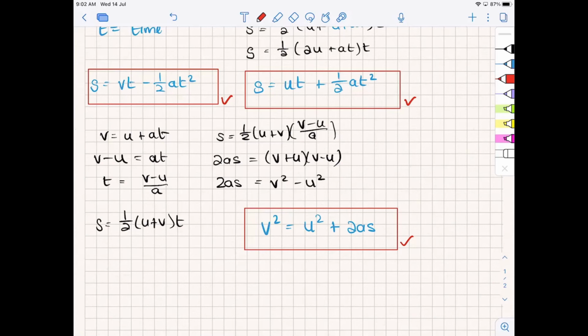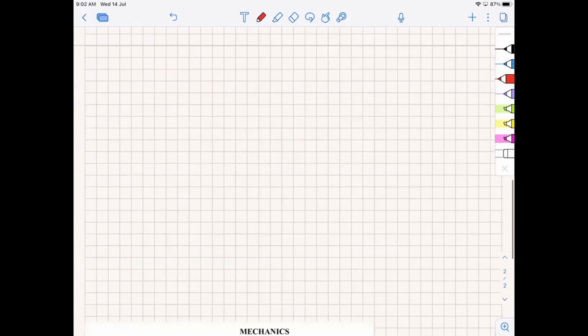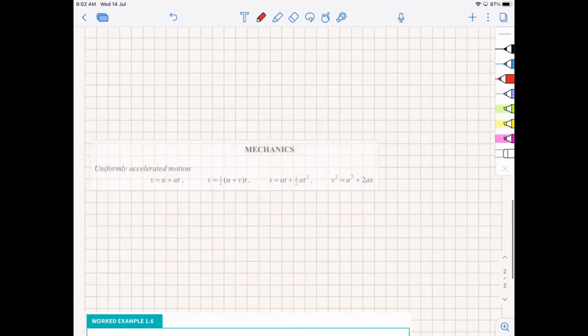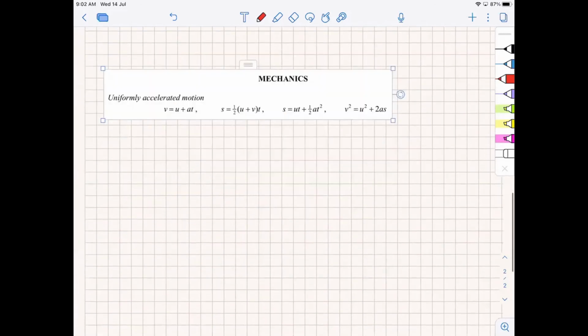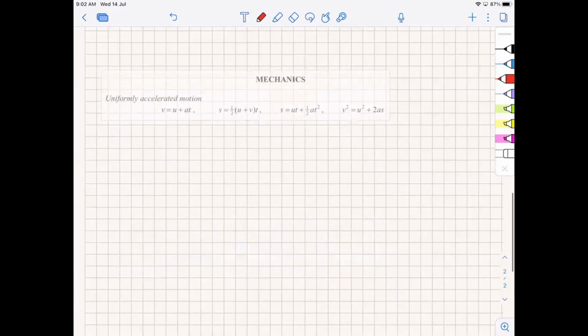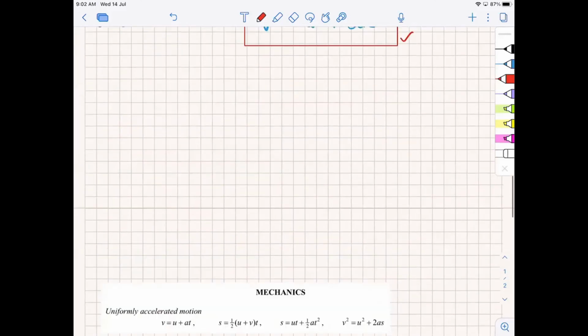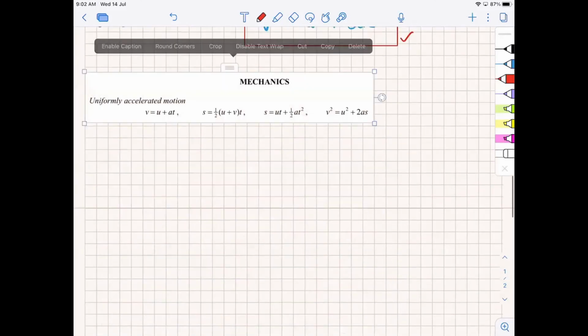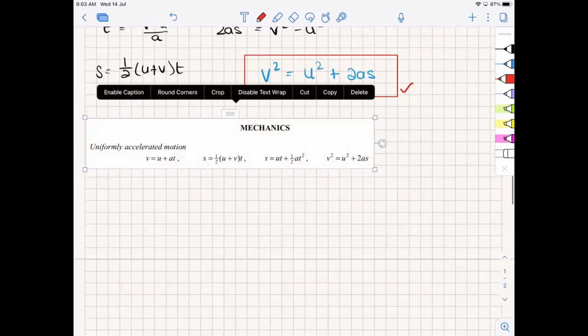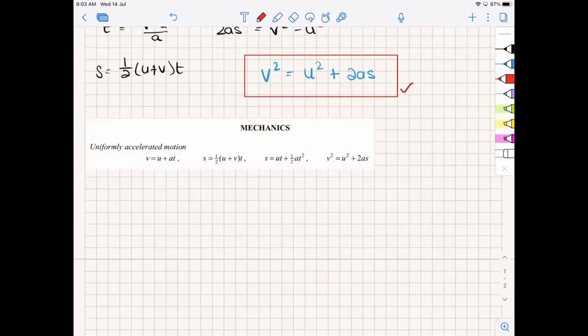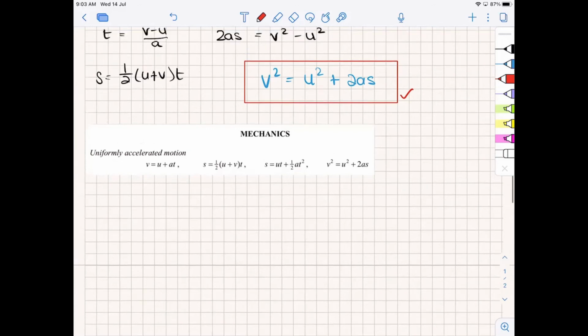So I would like to just compare this quickly for you guys with the formulas that you are given in your exam. These are the formulas that I've just copied from the formula sheet. You'll notice you're not given one of the formulas. Who can tell me very quickly which one it is?